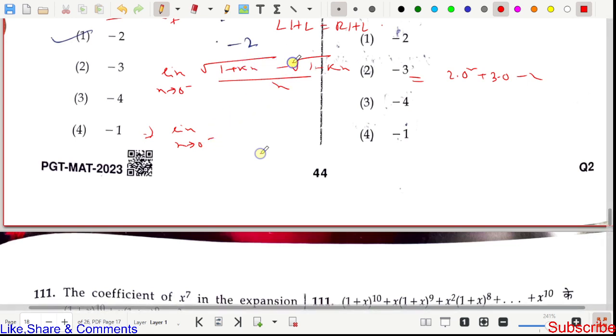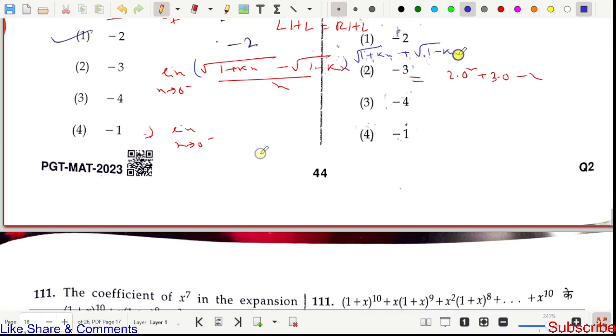So limit x tends to 0, this is in a minus b form, so we are multiplying a plus b, that means we are multiplying here root over 1 plus kx plus root over 1 minus kx, and here also we are multiplying root over 1 plus kx plus root over 1 minus kx.